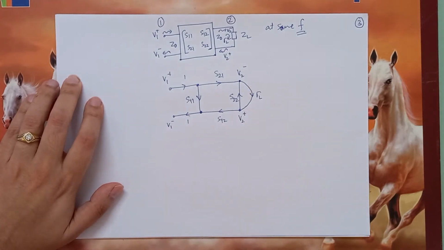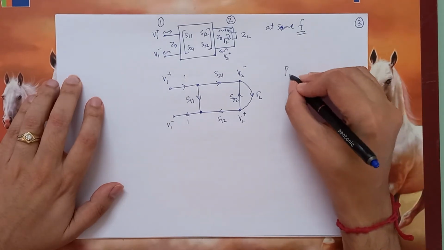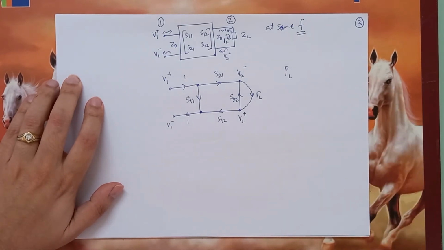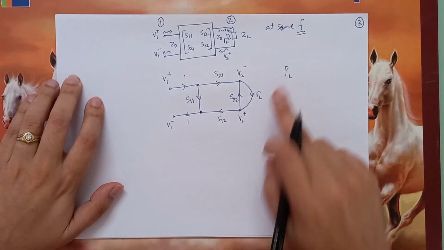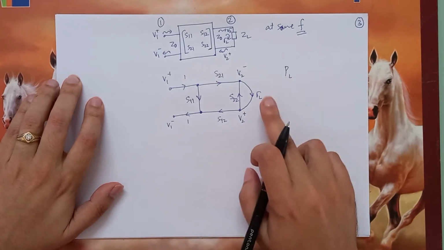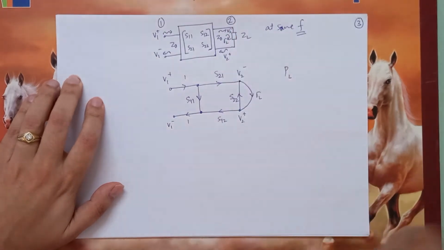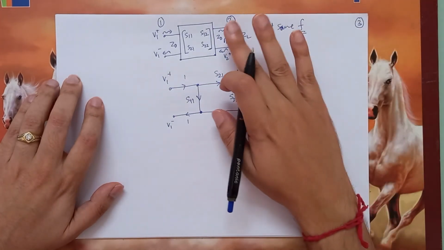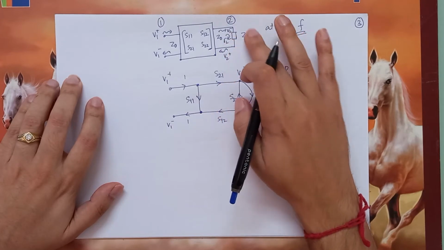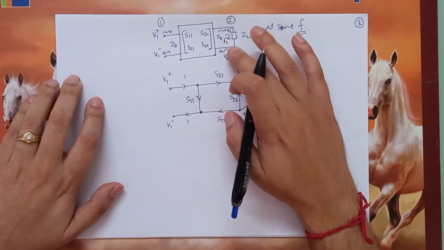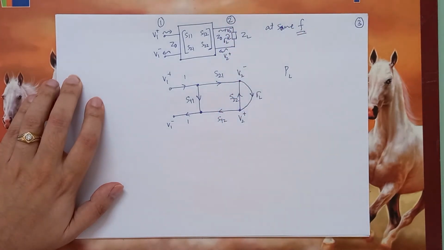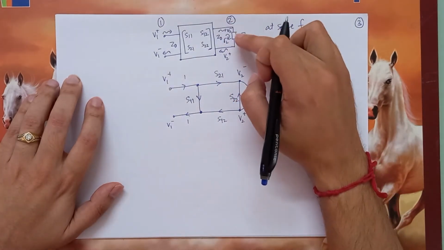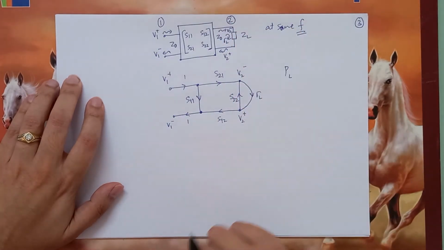If I were to now define PL, that is the power across the load or the power delivered to the load, what would it be? It will be proportional to the load impedance, yes, but it will also depend on V2 minus and V2 plus. V2 minus is what is coming to the load and V2 plus is what is getting reflected.